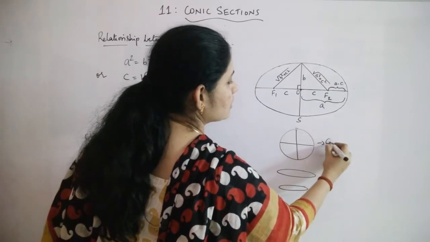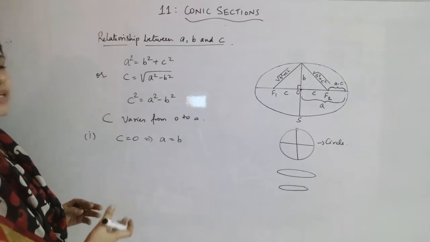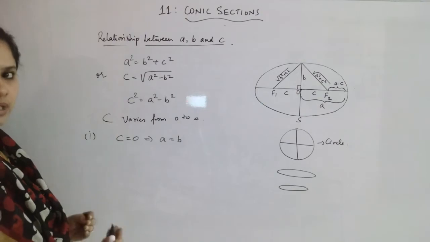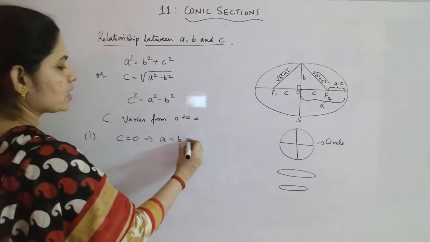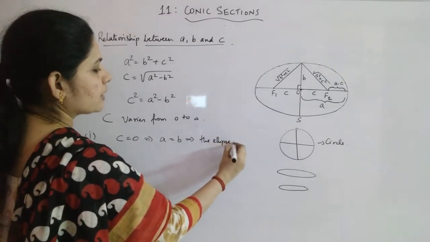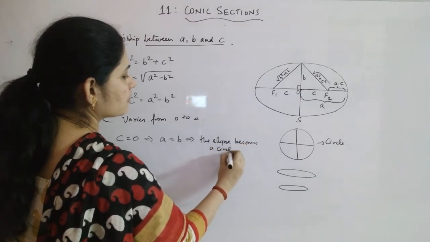That means you are getting a circle. So circle is actually a special case of ellipse. When in ellipse A becomes equal to B, you will get a circle. Understood? So when C is equal to 0, you will get A equal to B. That means the ellipse becomes a circle.